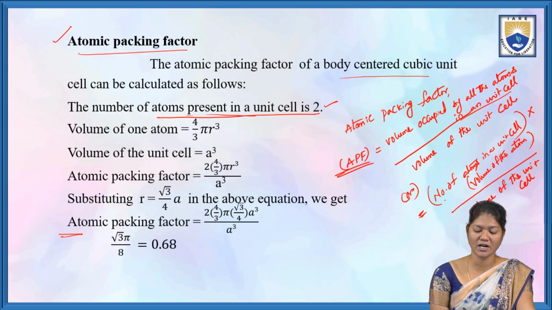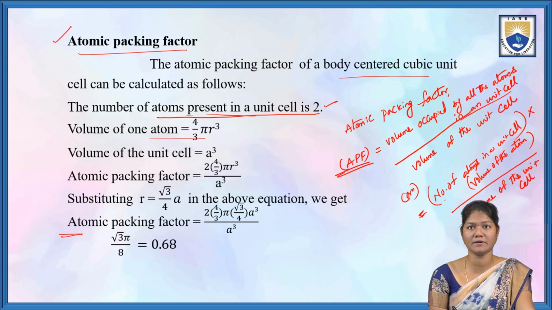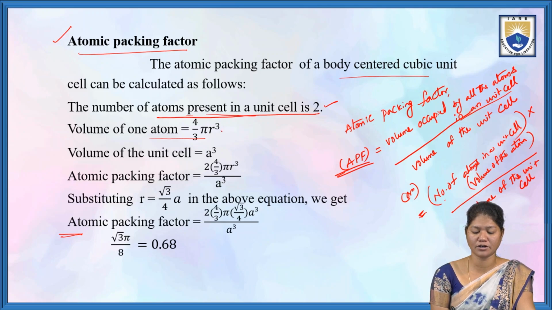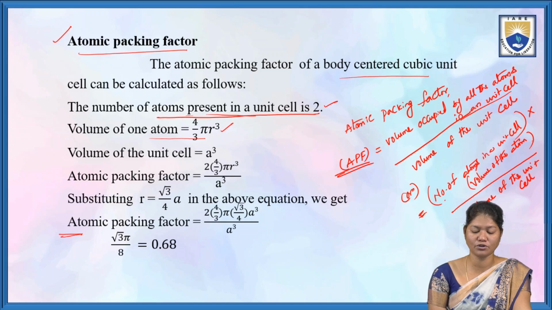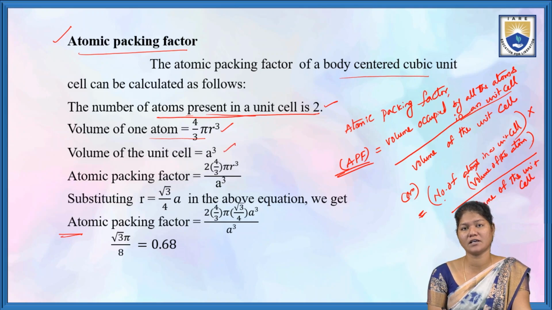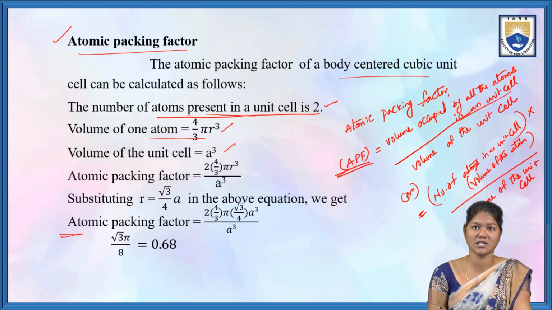Volume of one atom: as it is a sphere, we take the volume of one atom as 4 by 3 pi r cube. And the volume of the unit cell, as we are taking a cube, so all sides being the same length, the volume of the unit cell is a cube.